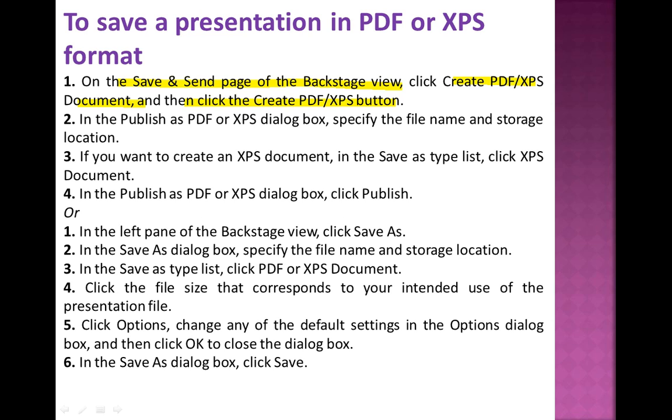The next point says, in the Publish as PDF or XPS dialog box, specify the file name and the storage location, meaning where you want to store it, and give the file name. If you want to create an XPS document, in the Save as type list, click on XPS Document. It means you can opt for either PDF or XPS, or simply XPS.